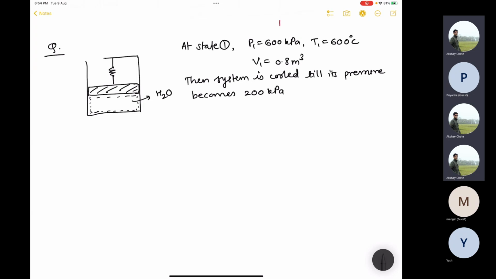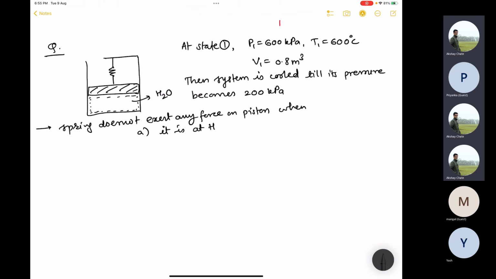So this is your system. Let me see if any other things are given. Yeah, one more thing: this is not that relevant for this question, but it is given in the question that the spring does not exert any force on the piston when, A, it is at the bottom, and B, when the outside pressure is equal to P atmosphere, which is 100 kPa.